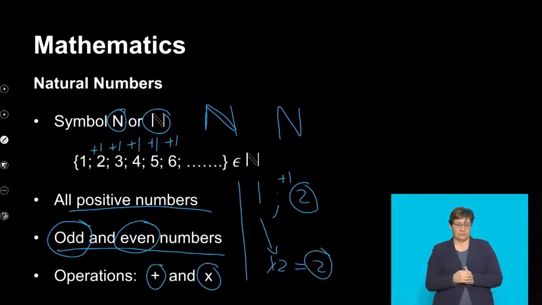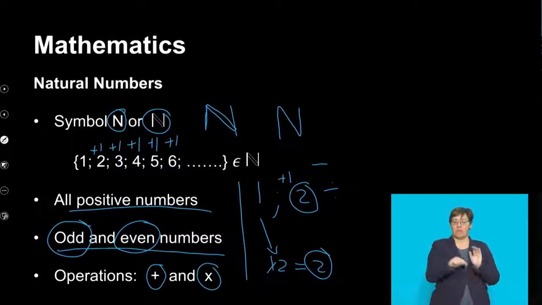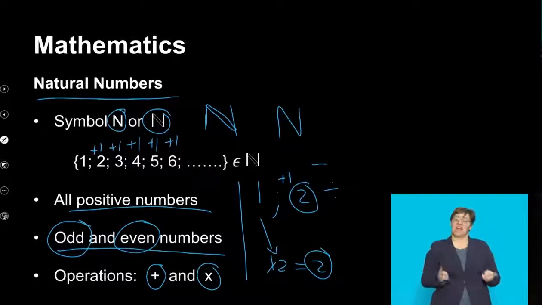So I can use either addition or multiplication, but I cannot use subtraction and division, because if I subtract numbers, yes, 1 minus 2 will be a negative number, which is no longer a natural number. But if you're minusing from a big number to a small number, it does give you a positive number.